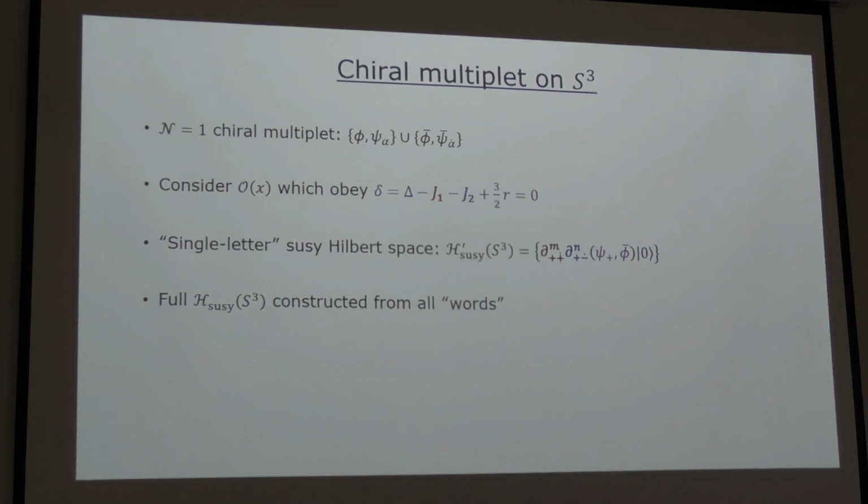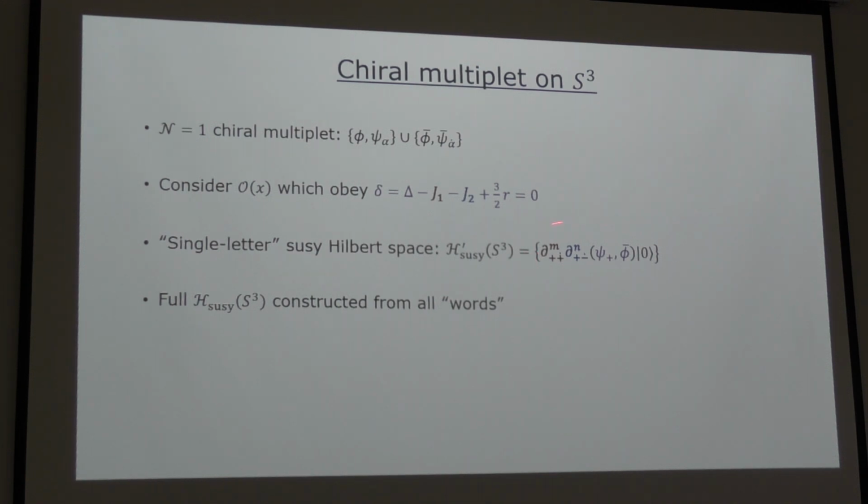Okay? Then, through the operator-state correspondence, we can construct the Hilbert space. So we first construct a single-letter Hilbert space consisting of just one field operator and an arbitrary number of these so-called BPS derivatives.